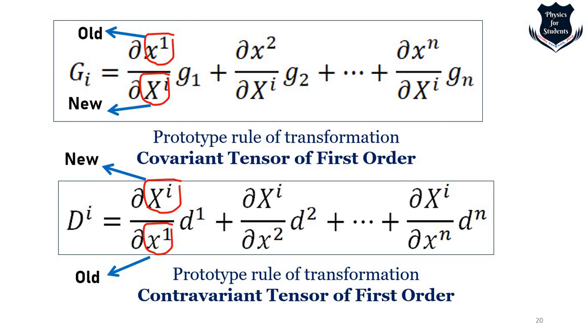Now here I would like to mention something which is worth mentioning, that the key attribute of a tensor is that its representations in different coordinate systems depend only on the relative orientation and scales of the coordinate axes at that point, not on the absolute values of the coordinates.